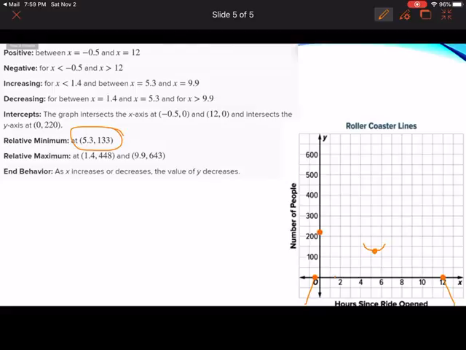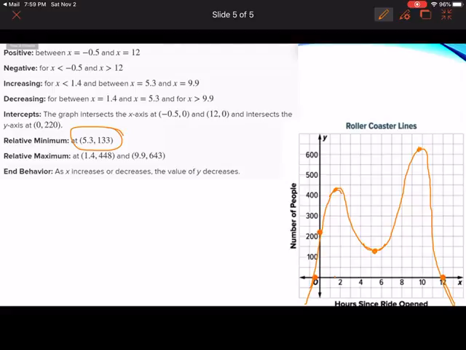And then a maximum at 1.4, 448. So that's going to be way up here. So that means it's going to be coming around something like that. And then I need to hit these points. There we go. And then another maximum at 9.9, 643. So we need to go 9.9 and go way up to 643. It's up here. So then I'm just going to kind of connect these dots with a curve.